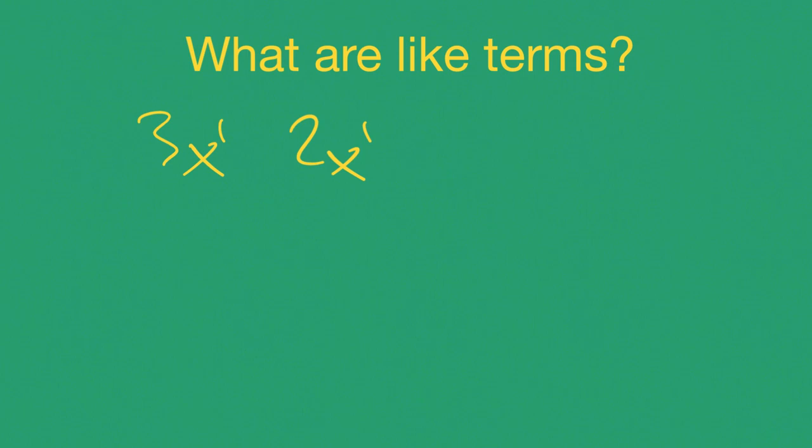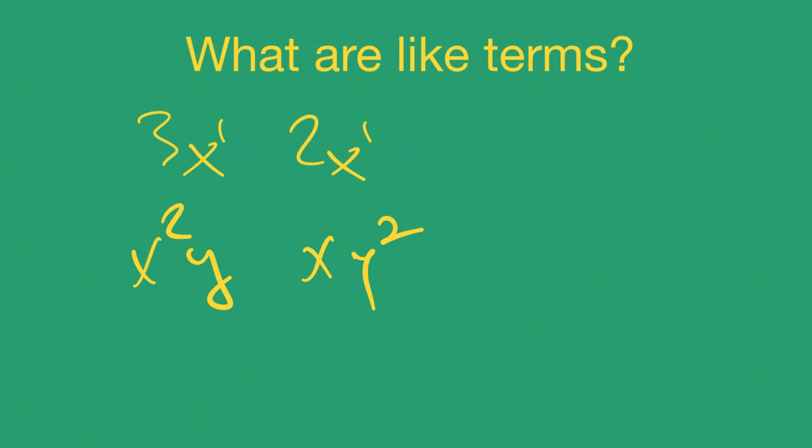So, take a look at this. Would these terms be like? Do they have the same variables? Yes. Do they have the same exponents? They don't. One is x squared y. Yep, exactly. X squared here, single x here.